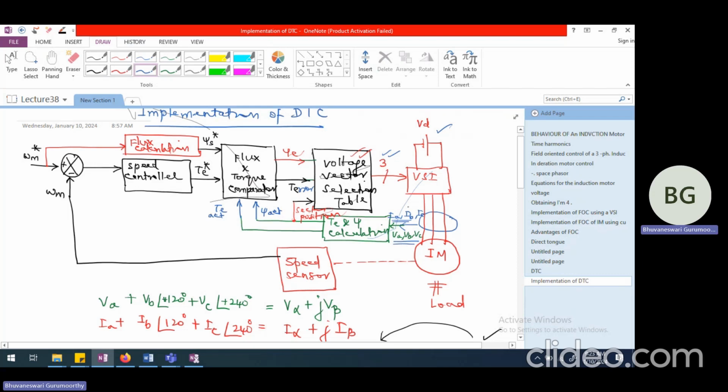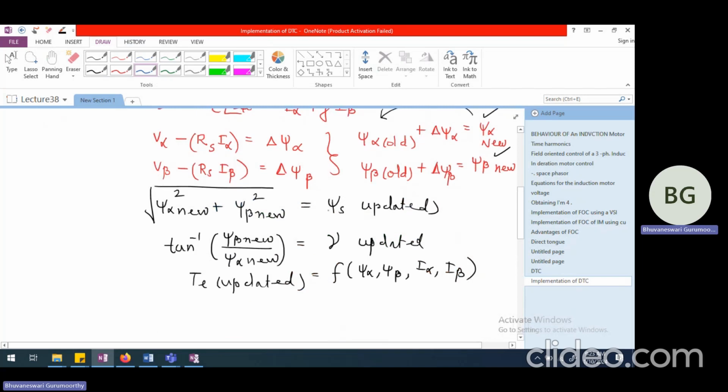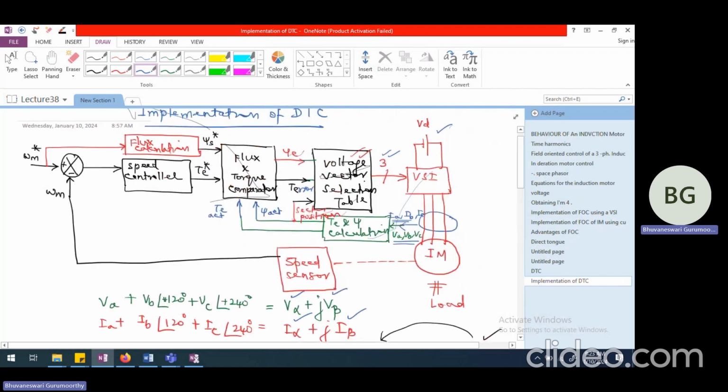Once I have voltage and current values with me, we should be able to get what is V alpha, V beta, I alpha, I beta, from which we should be able to get what is psi s value and what is the psi r value. So once we have this psi s and psi r, gamma, all those things, we should be in a position to decide what is the voltage vector, and then that essentially will allow us to fire the VSI devices.